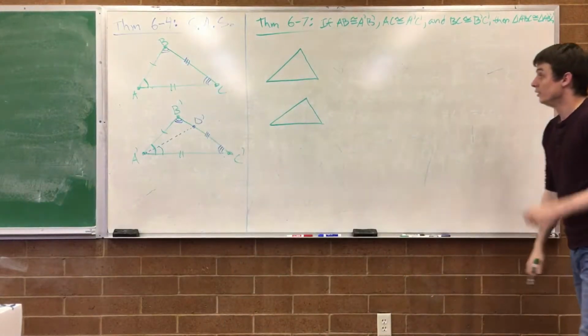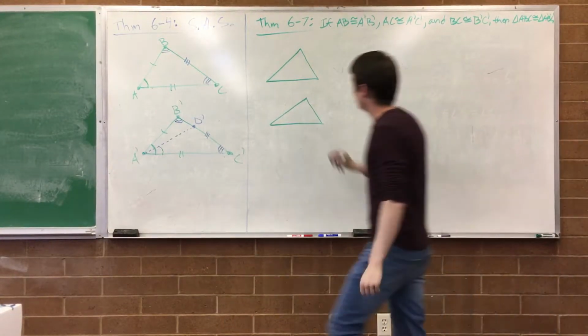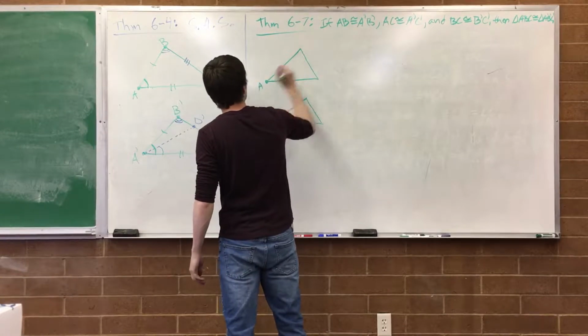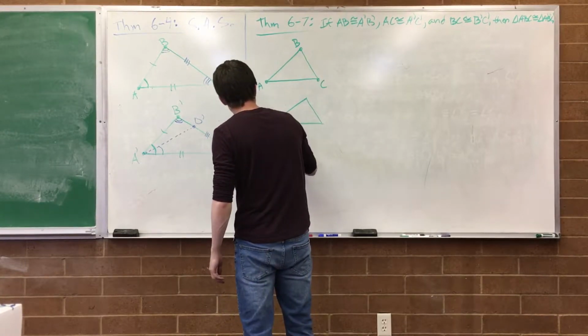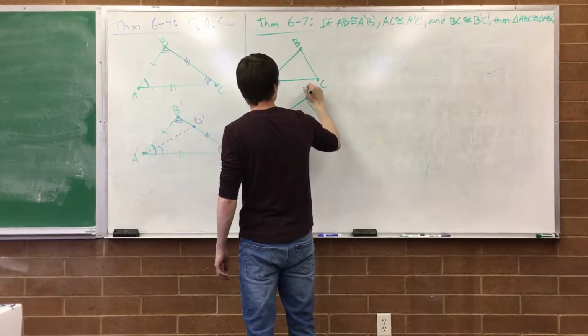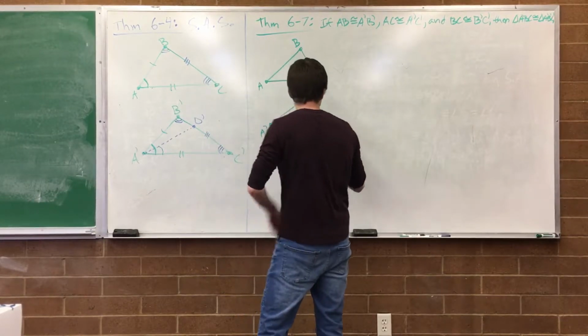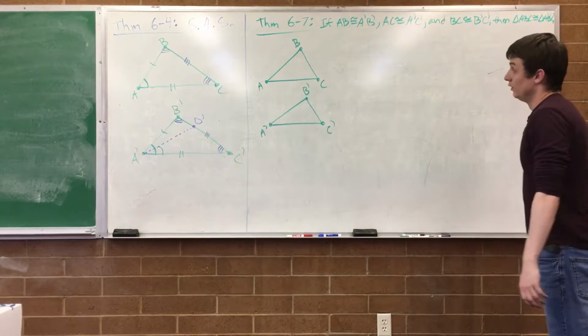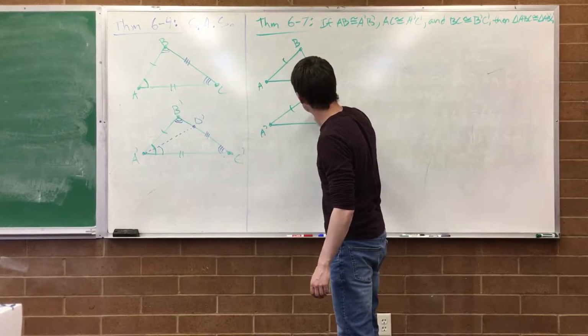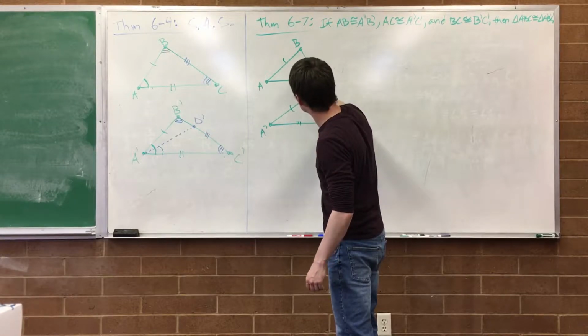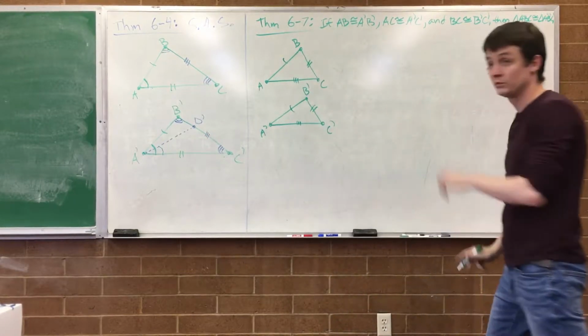Big picture, let me give them names. This one can be A, B, C. This one can be A prime, B prime, C prime. And what do we know? We know that is congruent to that, is congruent to that, and that is congruent to that.